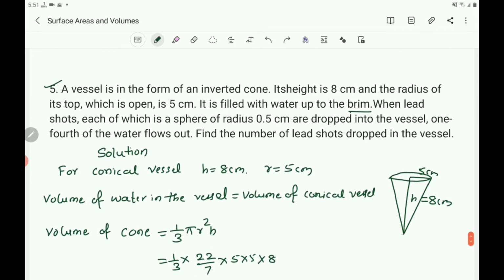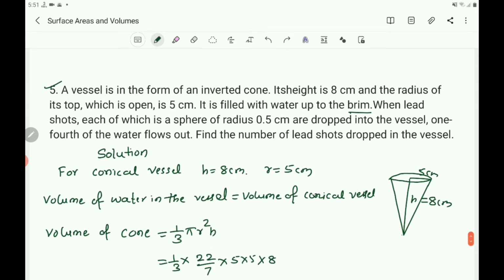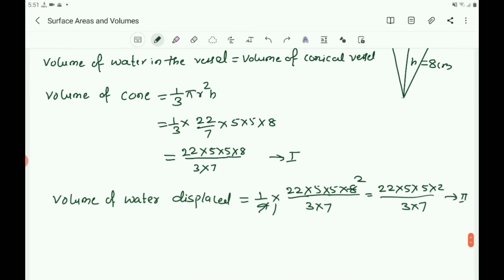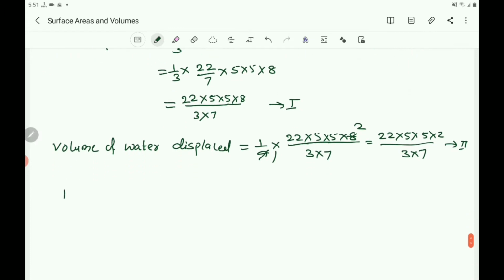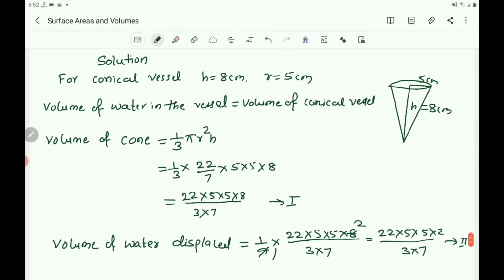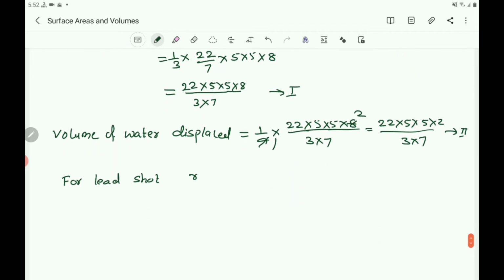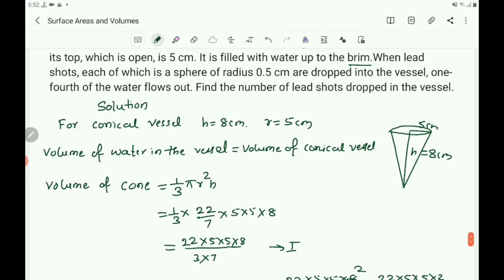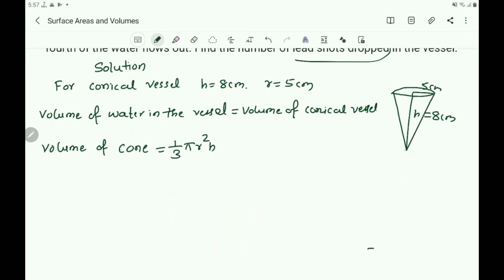Next, what you have to find out? Find the volume of each lead shot. Then you write for the lead shot. What is given here? The radius is given. You take r equals 0.5 centimeter. So you write that equals 4/3 pi r cube.